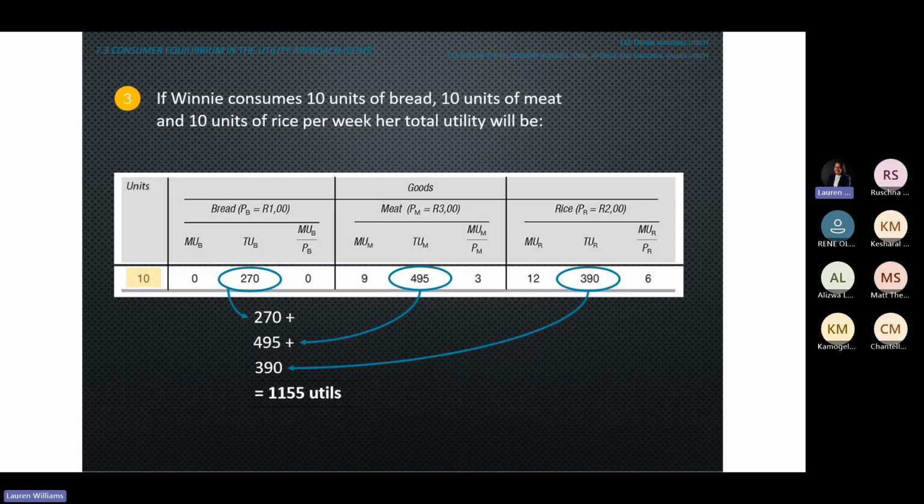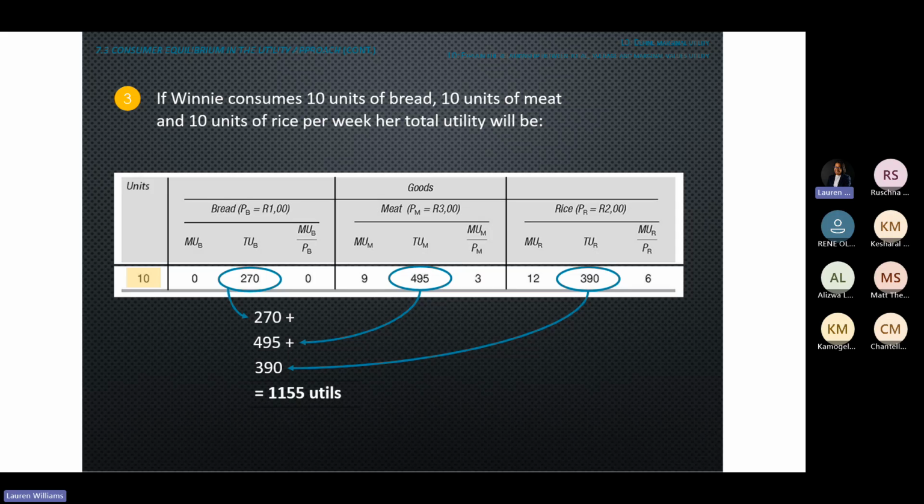We're just adding up her utility, which is great. She's going to maximize her utility because that's her aim. The problem is, does she have the means to satisfy that? She still only has 12 rand. She's already out of her budget, because if you multiply 1 rand by 10, you get 10. 3 rand by 10 is 30, that's already 40 rand. 2 by 10 is 20 rand.